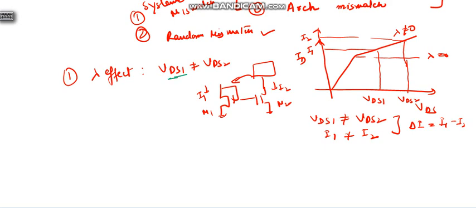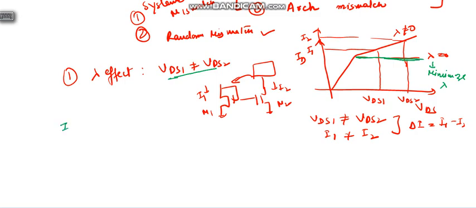If we want VDS1 equals VDS2, we want lambda equals 0, or we need to minimize lambda. So it means we should remove the lambda effect.